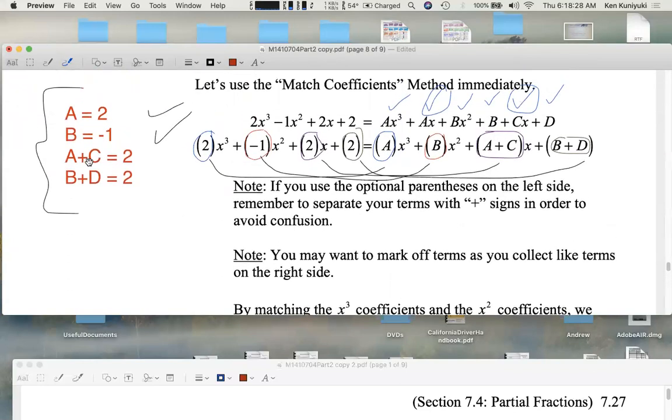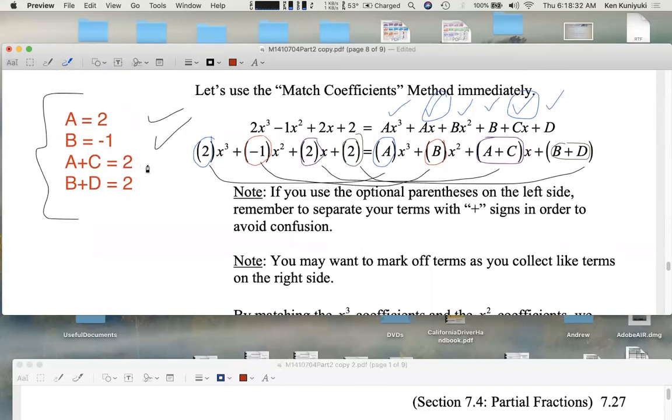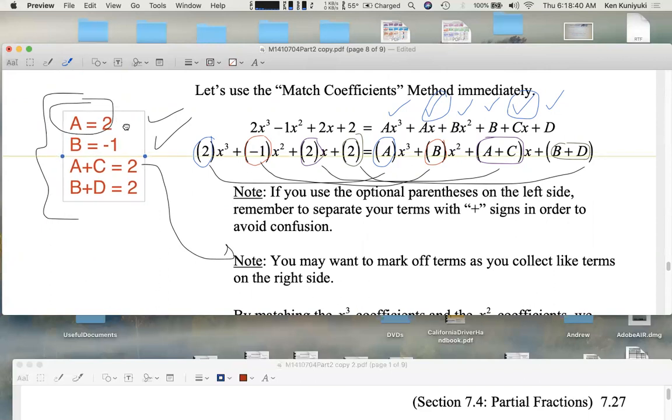Now with the others, it's not that hard, because notice we have A plus C equals 2, but wait a minute. We know that A is 2. Use that.